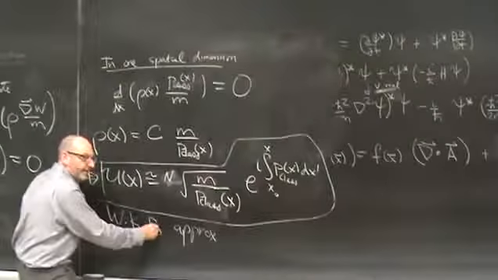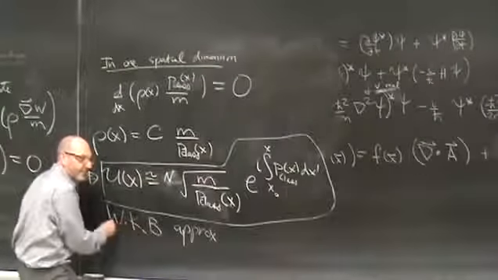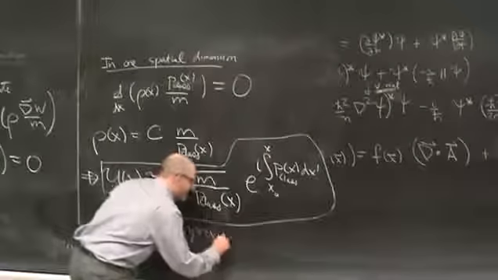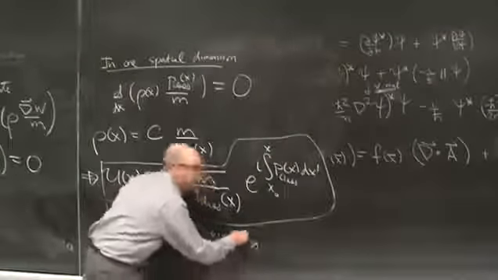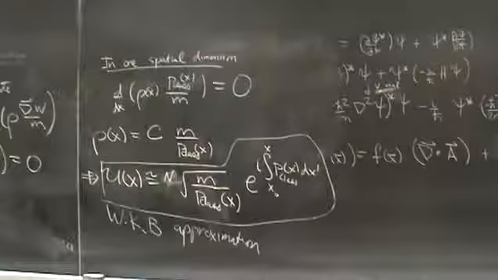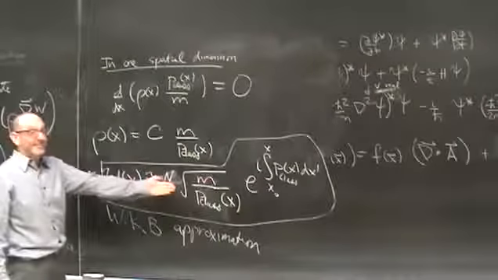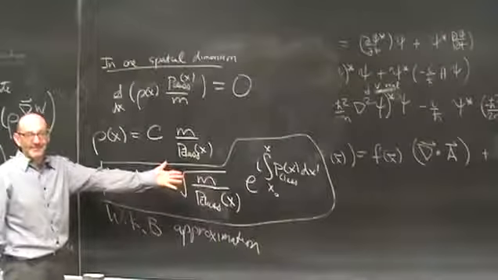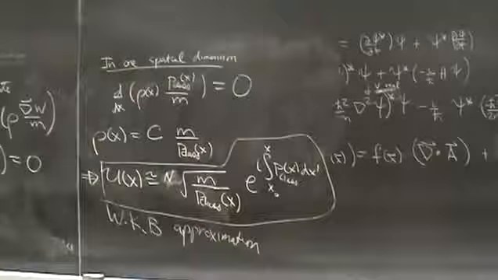I know this is Brillouin, this is probably Kramers, but I forget who W is. The WKB approximation is an extremely simple way to solve for the energy eigenstates. You just know what the classical momentum is, and that's the geometric optics limit.